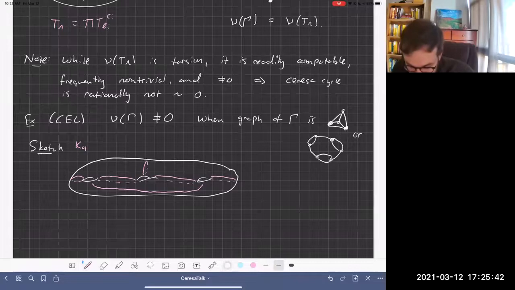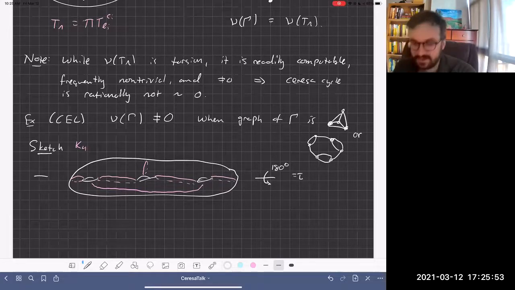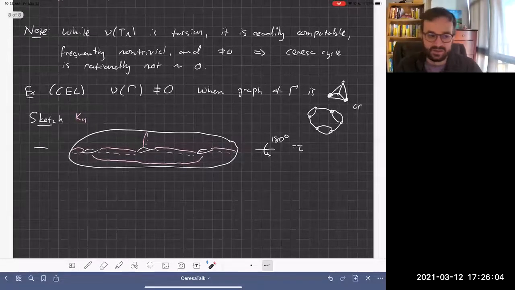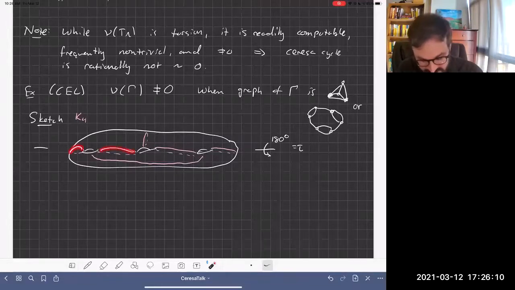And we're going to let tau be the involution given by a 180-degree rotation. So tau just takes the surface and you rotate it in R3 by 180 degrees. When you do that, at least for these 4 curves, you get back the same curve, but then this curve here will map up to this curve, and this curve here will map down to a curve over here.